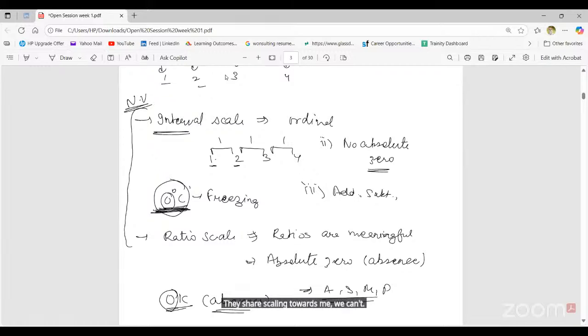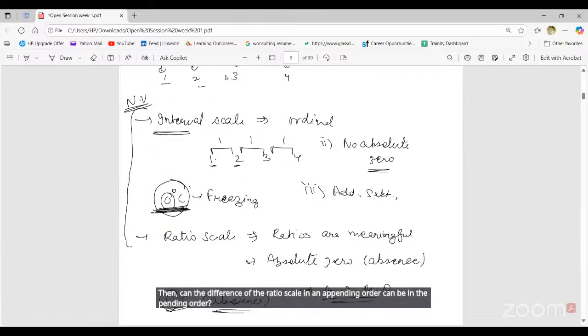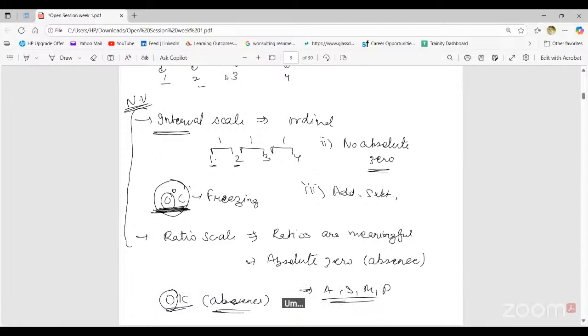Ma'am, can the values of the ratio scale be in ascending order or descending order? The order of the ratio scale, yes, ma'am.